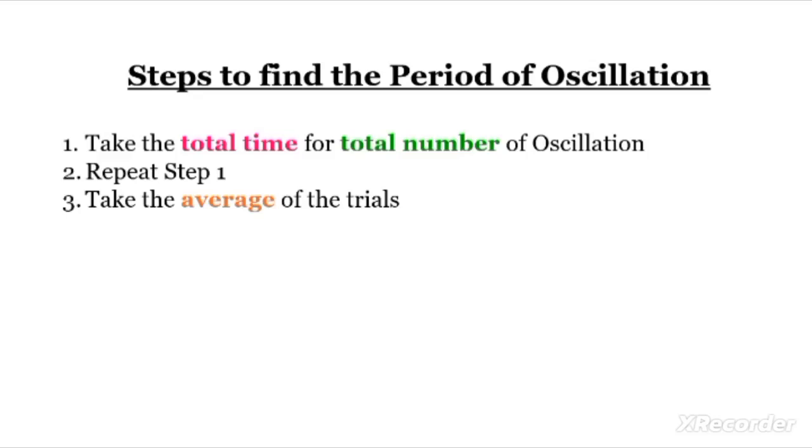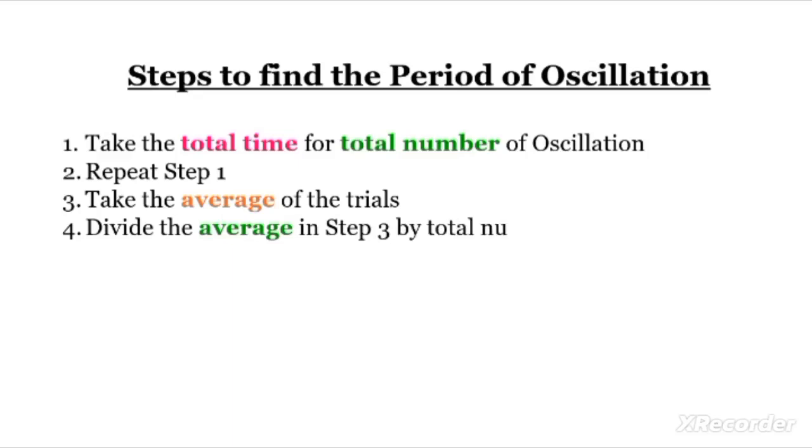We need to take the average of the total time for the total number of oscillations. Then the fourth step, we need to divide the average in step 3 by the total number of oscillations or total number of swings.